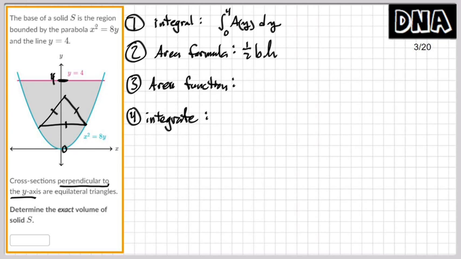So someone just asked, where did I get the triangle from? And what I got it from was this. It says the cross sections are equilateral triangles, and they're perpendicular to the y-axis. So I had to draw a line that was perpendicular to the y-axis. Okay, it's perpendicular. And then I go from one part of the curve to the other part of the curve that would define the distance of this line right here.